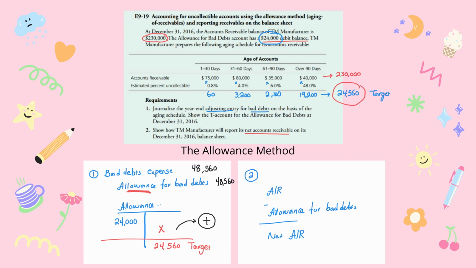Accounts receivable is 230,000. Allowance for bad debts, we always take the ending balance, so the allowance is 24,560. I'm going to take the target, the ending balance. So we're going to subtract: 230,000 less 24,560 is going to be 205,440. This is the net accounts receivable.